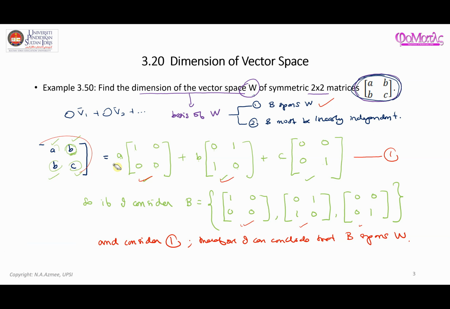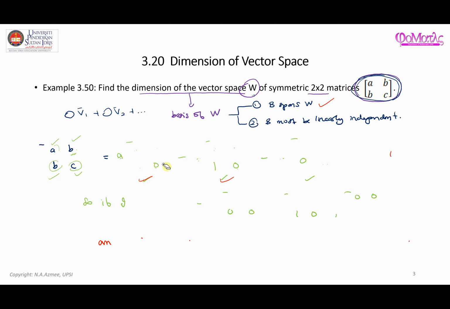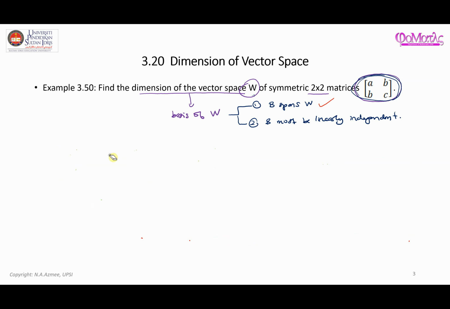Okay, to show that B is linearly independent, that means I need to think of, is there a combination of this such that C1 times 1 0 0 0 plus C2 0 1 1 0 plus C3 0 0 0 1.